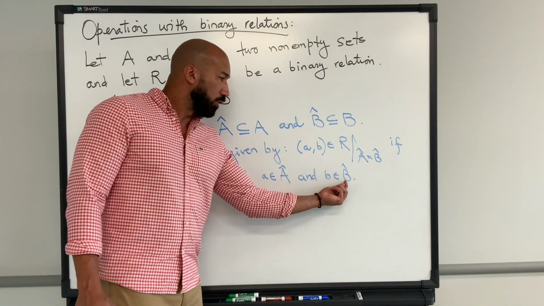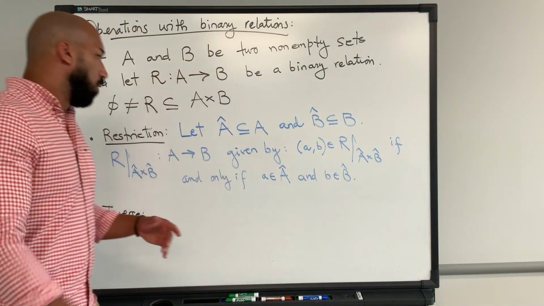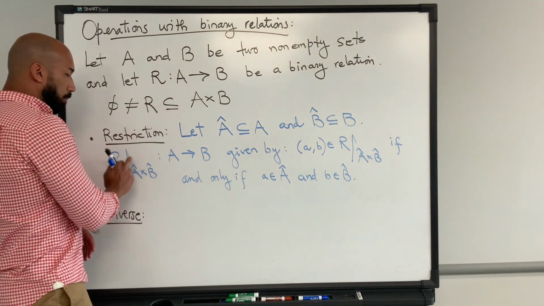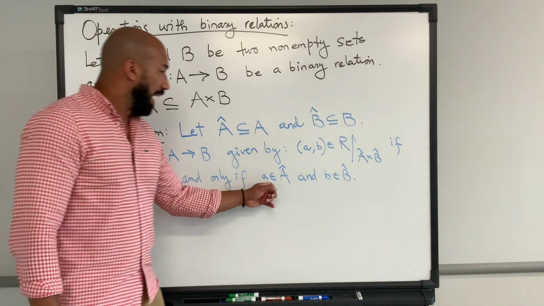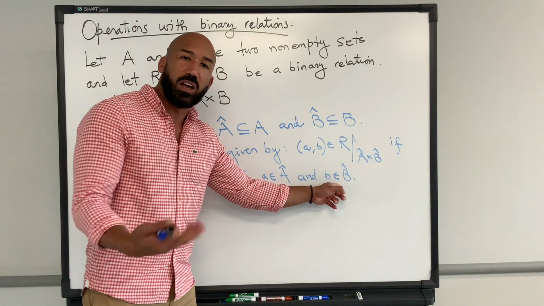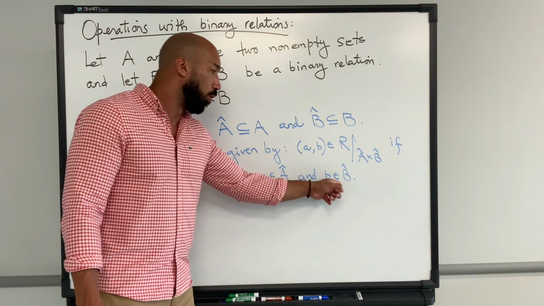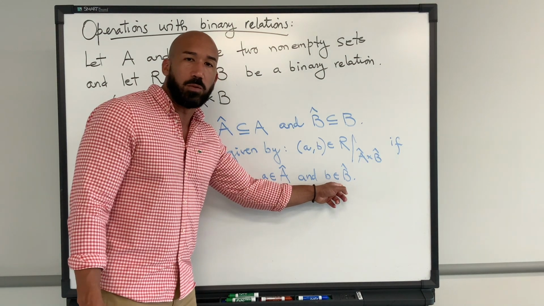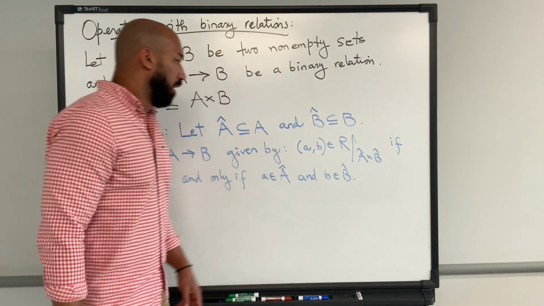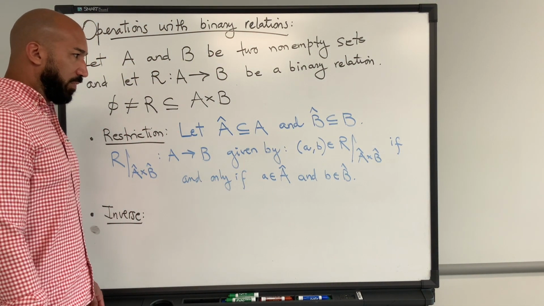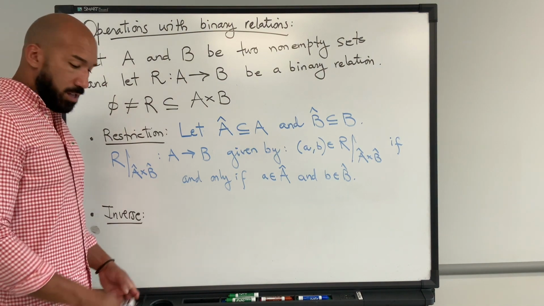If both conditions are satisfied, we are going to keep, or include that pair in the restriction. If at least one of these two conditions fails to be satisfied, so if either the first component is not in A hat or the second component is not in B hat, we are going to discard that pair. Is that okay?